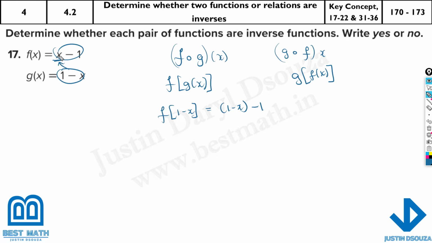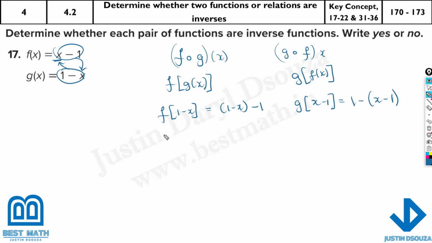You put this entire function inside this x. So here it's going to be g of x minus 1, and now here it'll be 1 minus x minus 1.